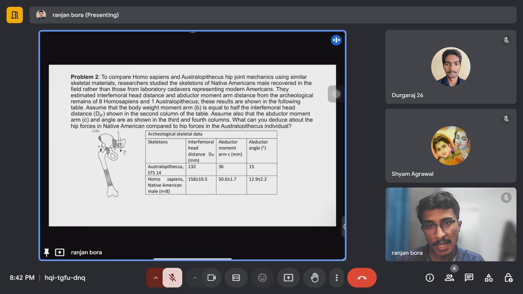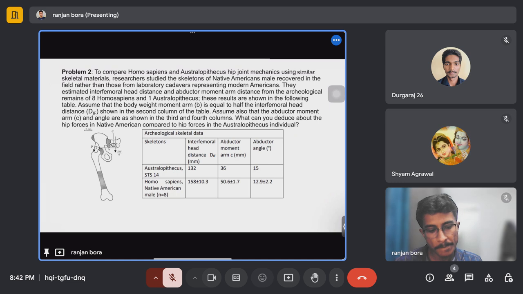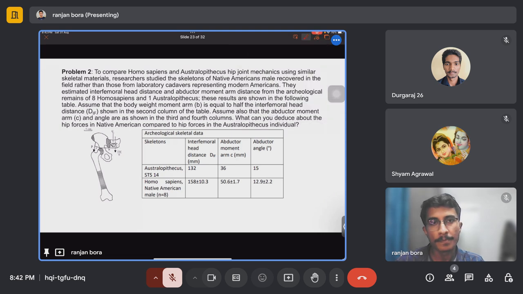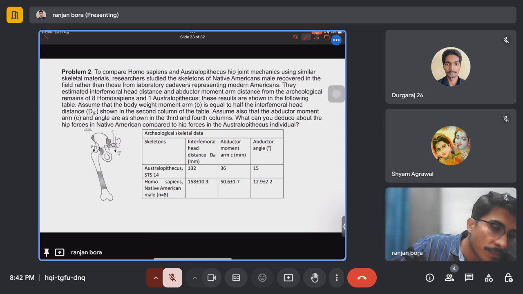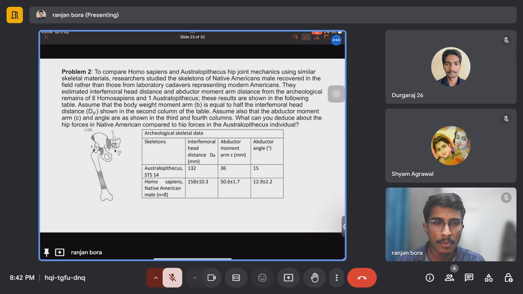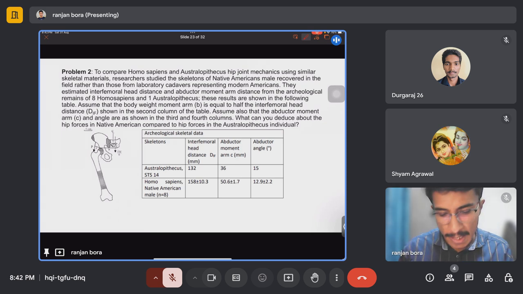Yeah, this is the second problem. Okay, I will read the problem.